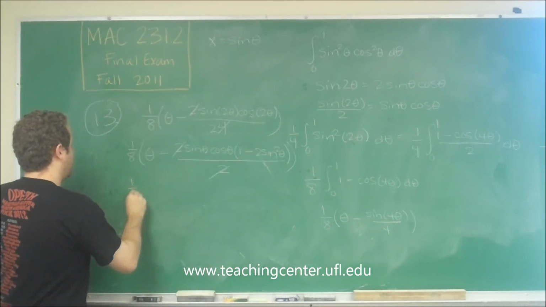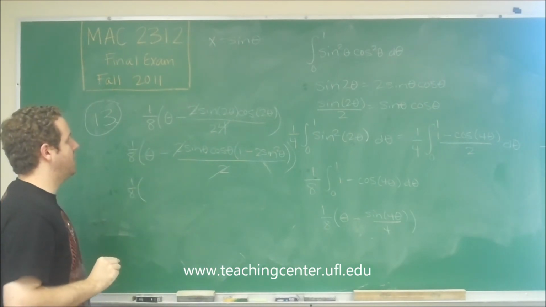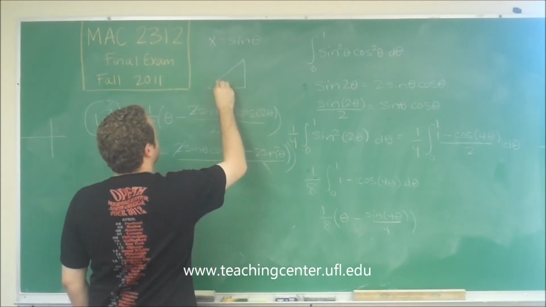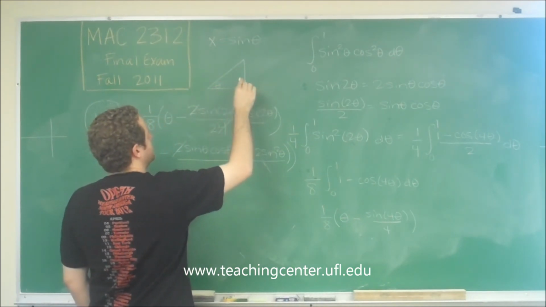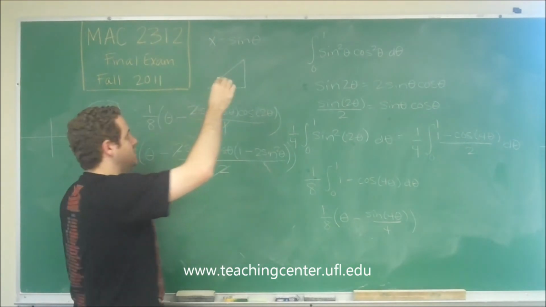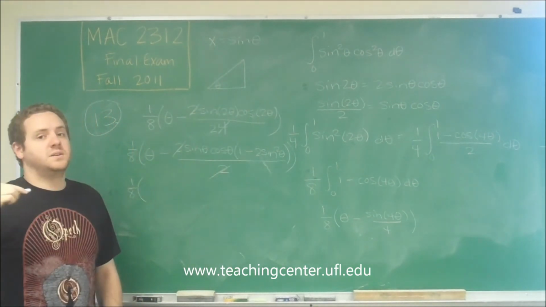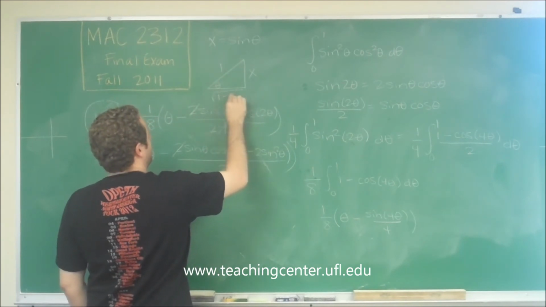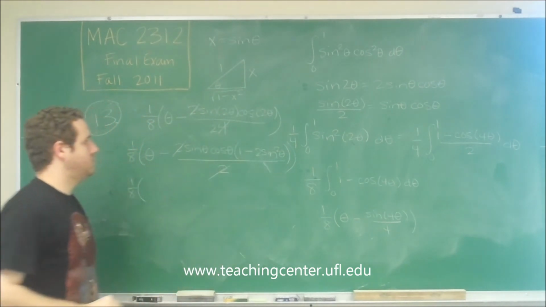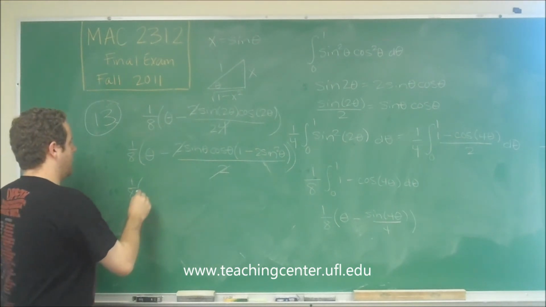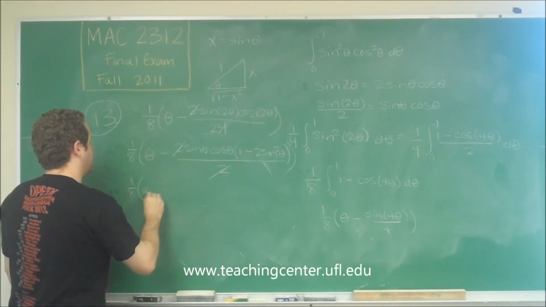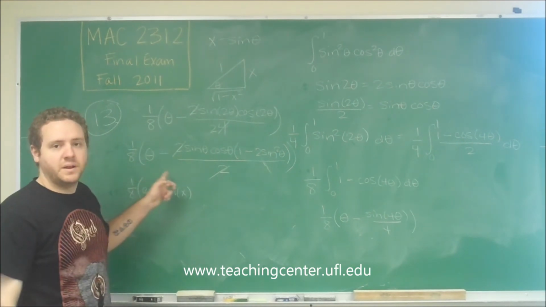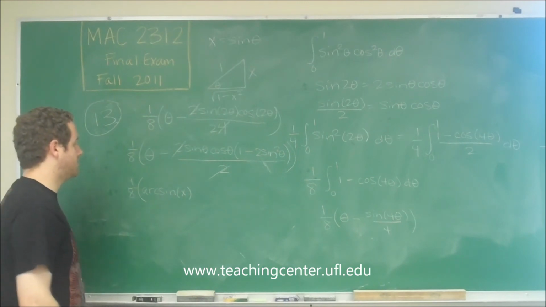Finally, let's substitute everything we can with x. Recall that if sine theta equals x, it means opposite over hypotenuse is equal to x. So we have x, 1, therefore the adjacent side is going to be square root of 1 minus x squared. Instead of theta though, we're going to have arc sine of x, because we don't have any other way of substituting theta.